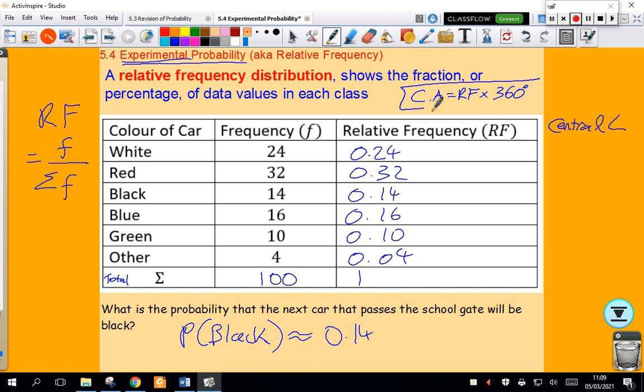So I can use relative frequency tables to help me draw a pie chart. Let me type some of these in. 0.24 times 360, well, that would be 86.4.